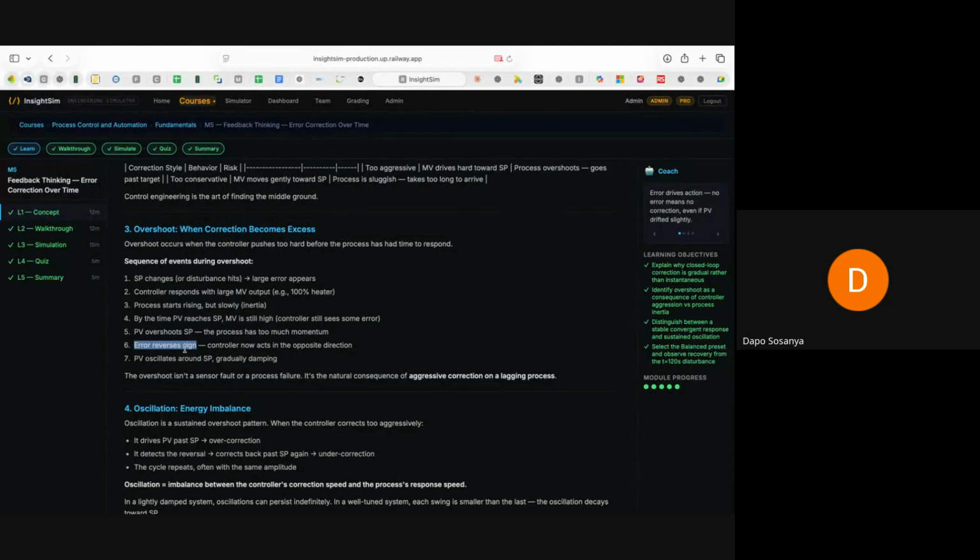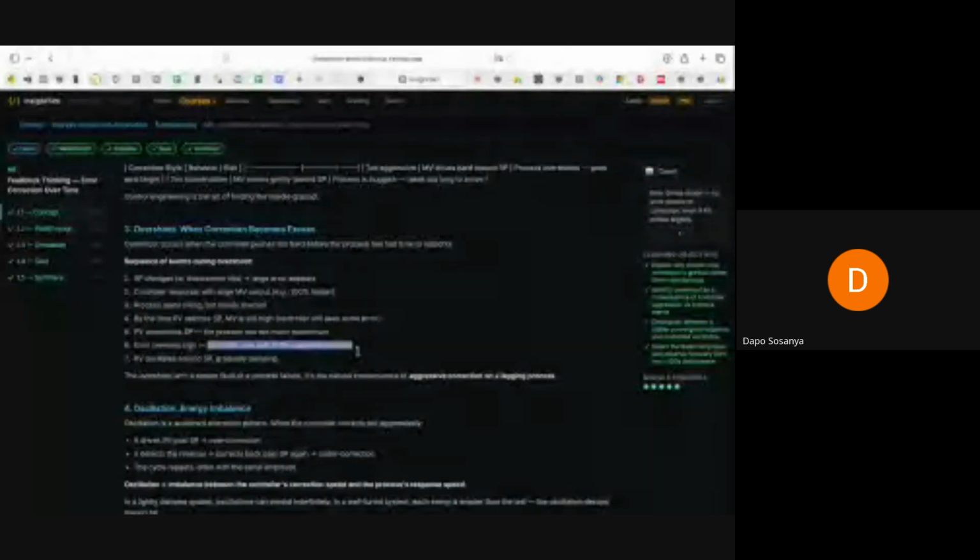If PV is greater, the error becomes negative. So the controller again acts in the opposite direction. You now have PV oscillating around SP, and then gradually the damping effect occurs. It goes up, goes down, goes up, goes down, and then it damps and stabilizes.